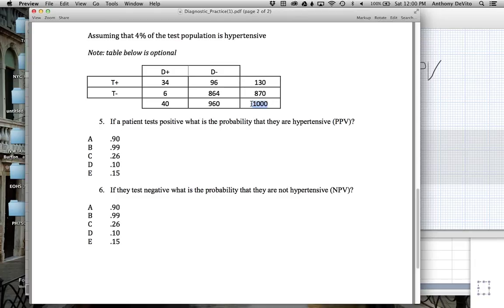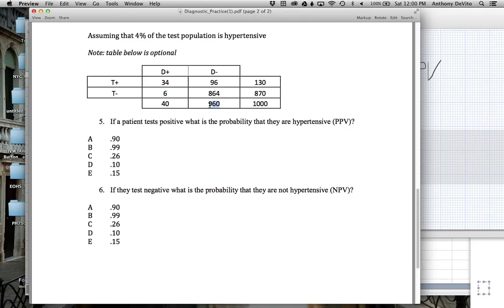Out of 1,000 people, if the prevalence of hypertension, of high blood pressure, in the population is 4%, then you'd expect about 40 of them to be hypertensive. Out of those, you know the test is right 80% of the time, so it would find 34, 80% of 40. 34 people out of those 40 get it right. 6 out of those 40 would get it wrong.